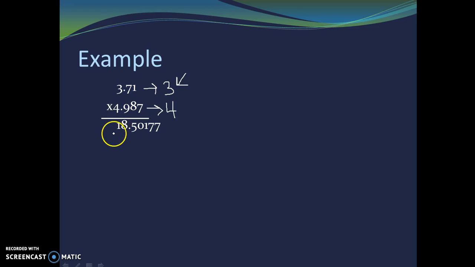We need 3 sig figs. So the 1, the 8, and the 5 are our 3 significant digits. We're going to look behind the 5. Behind the 5 is a 0. 0 means we're going to just kind of round it off, which means we're going to lose all of these guys. So our answer is going to be 18.5.